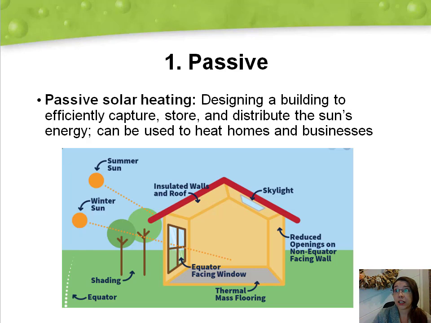So passive solar heating. We use passive solar heating to heat homes and buildings. Passive solar heating involves designing a building to collect, store, and distribute the sun's energy naturally. Greenhouses, like we just saw in the image on the last screen, were designed to do this.